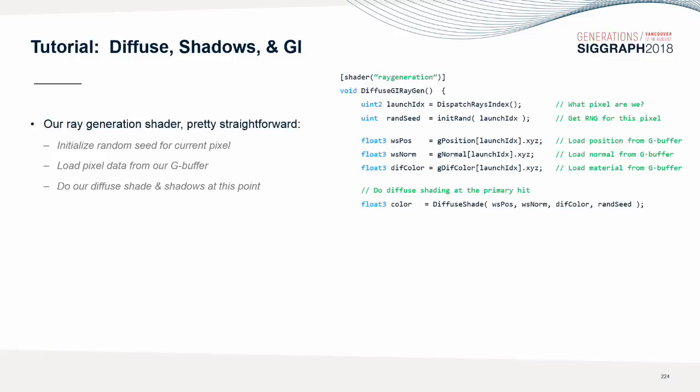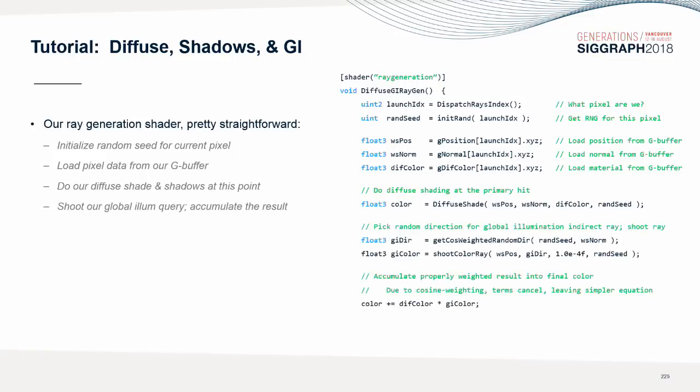So I'm going to use that once here in the ray generation shader and once in the closest hit shader. And then I'm going to shoot my global illumination ray. Again, this is only one bounce. Here I'm going to get a random direction to query what the incident light is in this random direction. I'll shoot my color ray, accumulate it with my diffuse texture color, and then output the result to my output texture.